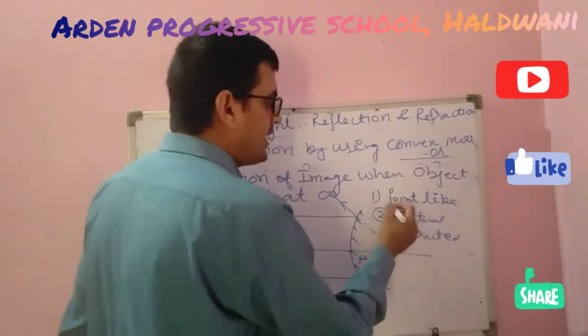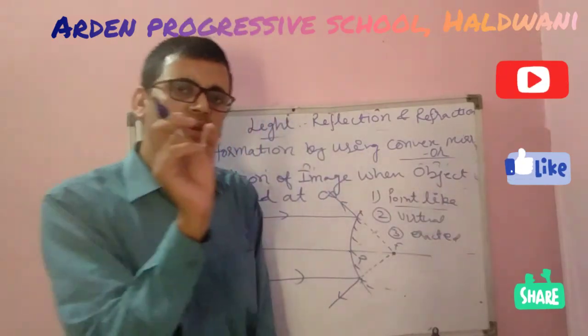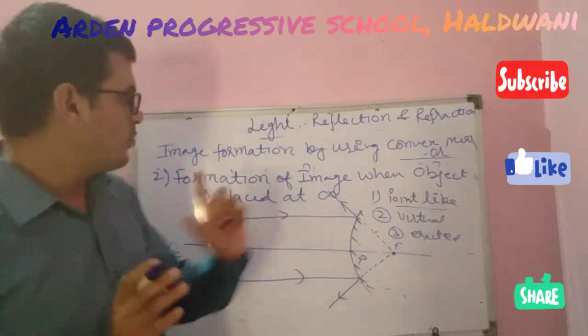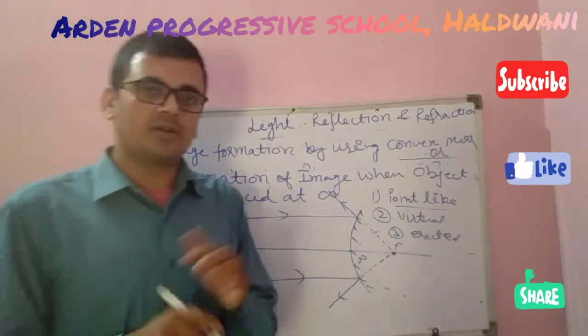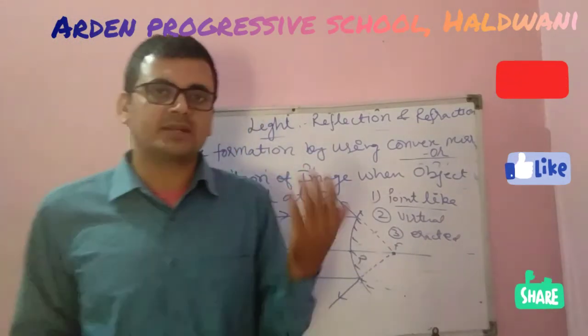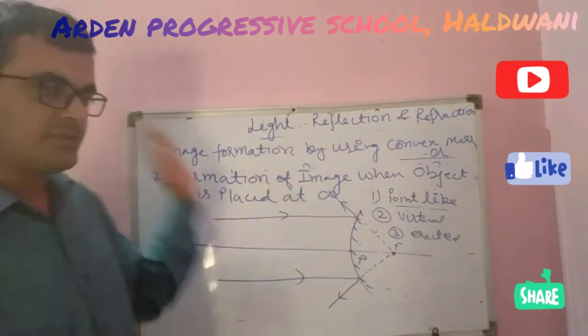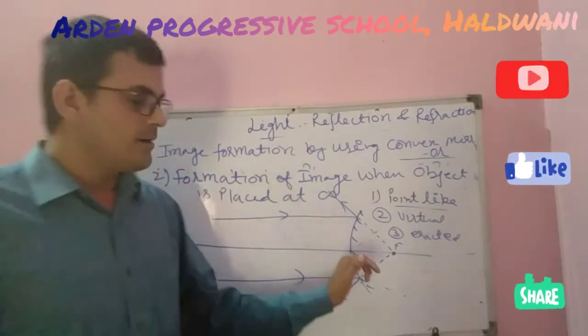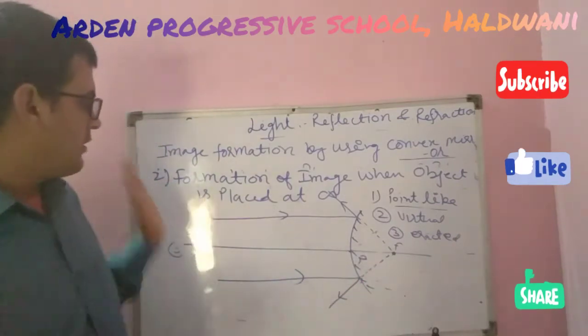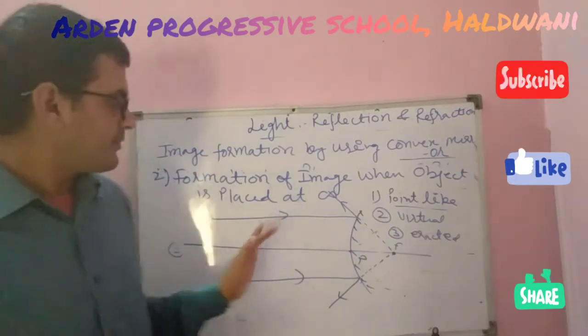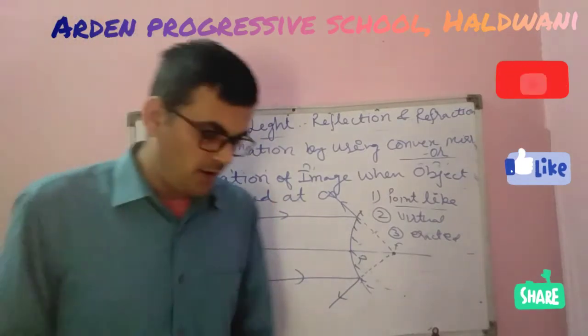Simply, it will be very diminished, point like, and virtual. These are the two cases. For the concave mirror we studied 5-6 cases, but here we have only 2 cases. First one is when the object is placed in between infinity and the pole, and in the second case when the object is placed at infinity.